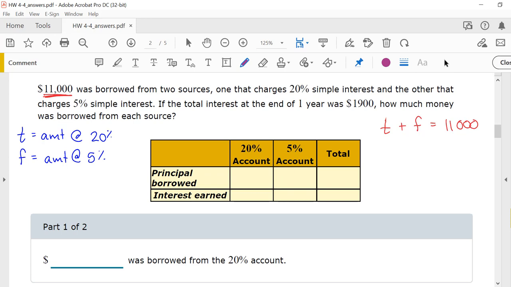Let's see, one charges 20% simple interest, the other charges 5% simple interest, and the total interest after 1 year was $1,900. So 0.20T plus 0.05F equals how much interest? 1,900? There's my system.